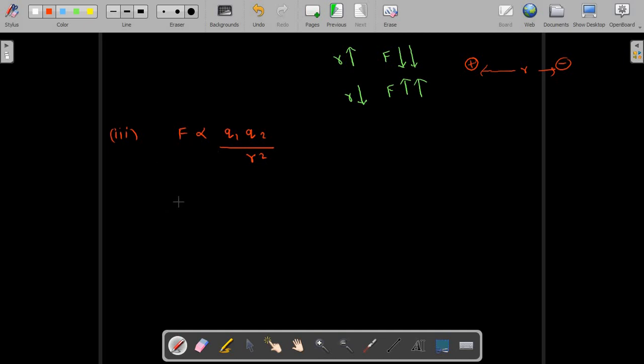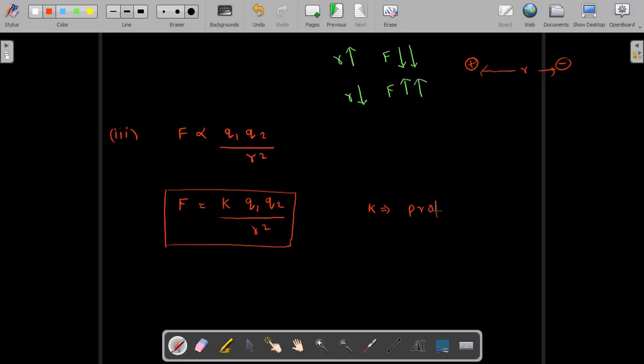Now it's proportional. So what they have done is made a formula with K, a constant. When we remove the proportionality, it's K times Q1 Q2 by R square, right? K is what?